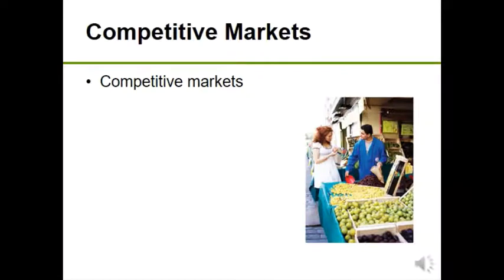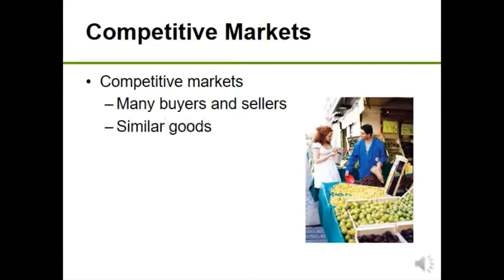So we've been talking about firms in a perfectly competitive market, which means we're going to need to take care of some vocabulary first. What is a competitive market? Well, the problem with econ is oftentimes we define things by their features. So a competitive market is one that has many buyers and sellers who are buying and selling a similar good or service.